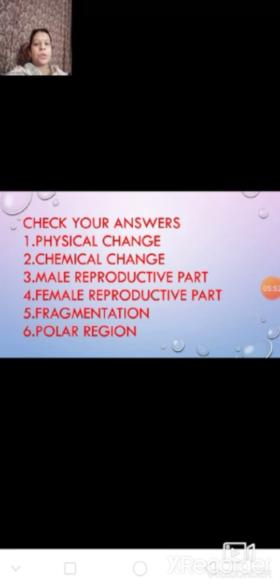So that is your chemical change, because a seed changes into a new plant. So we are getting a new thing from it. Then anther and stamen, those are your male reproductive part of a flower. Then was your stigma and your pistil, so those are your female part.